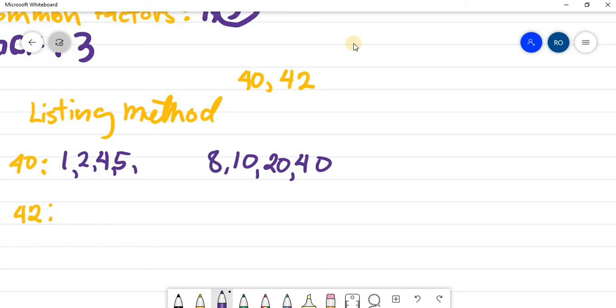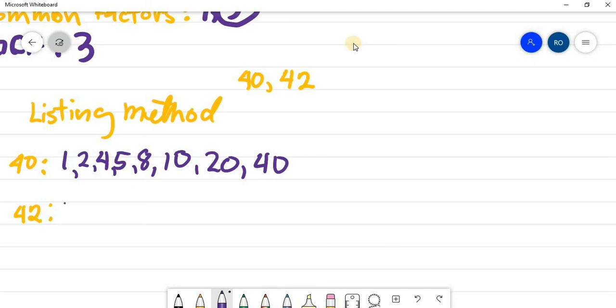Okay, 6, 7. So there are no more factors for 40. So the factors of 40 are 1, 2, 4, 5, 8, 10, 20, and 40.